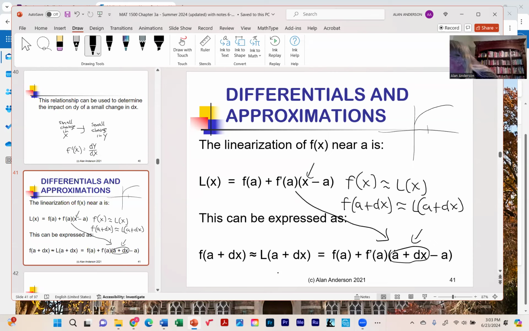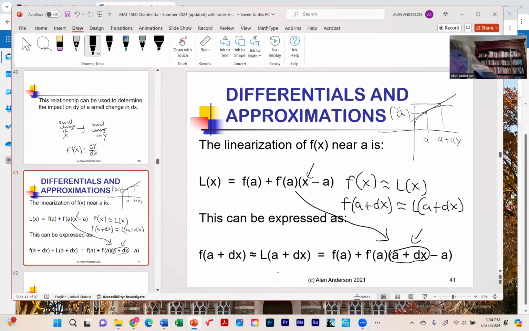There's the tangent line, and then this would be our a. We're going to call this a plus dx. And the approximation we come up with from the tangent line is called f of a plus delta x, just to reinforce the idea that we're only doing this approximation within a very close range of the original a.